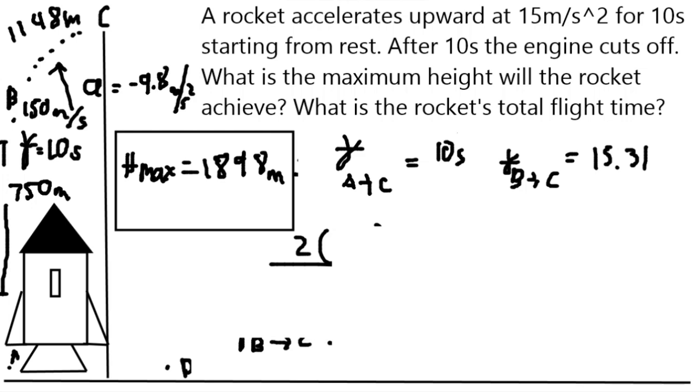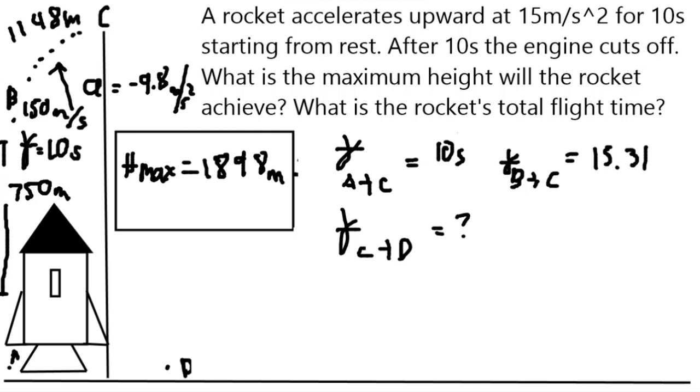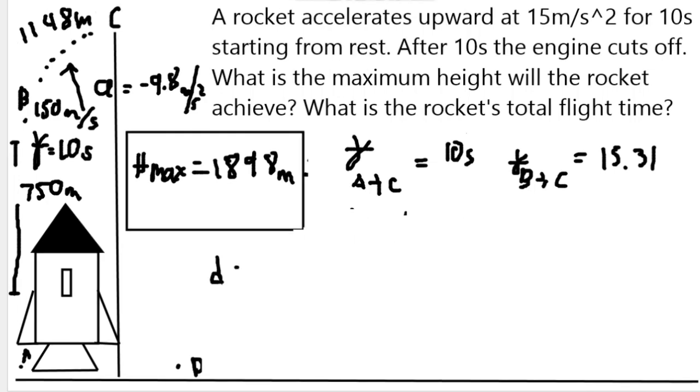Now let's try to calculate the time it takes from C to D. I think this is much quicker because it's accelerating downward at negative 9.8 meters per second squared.